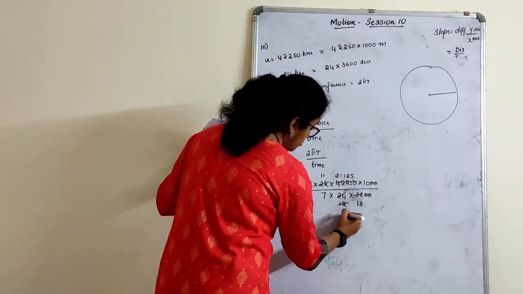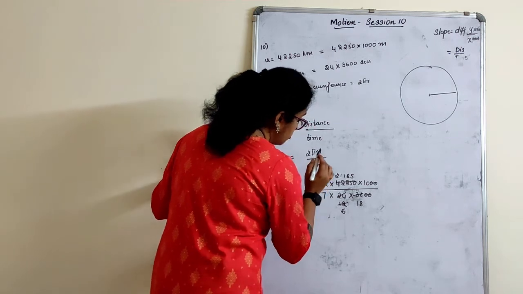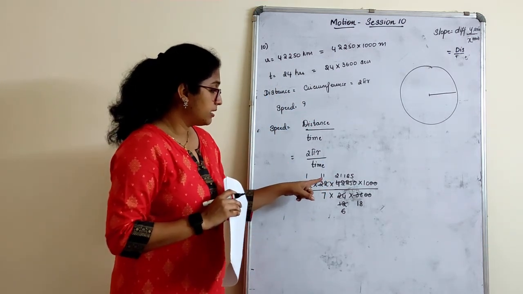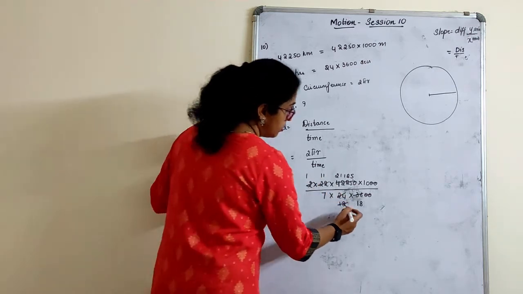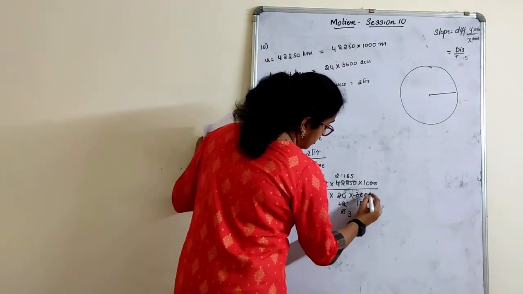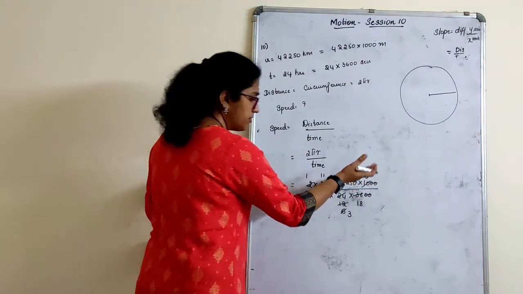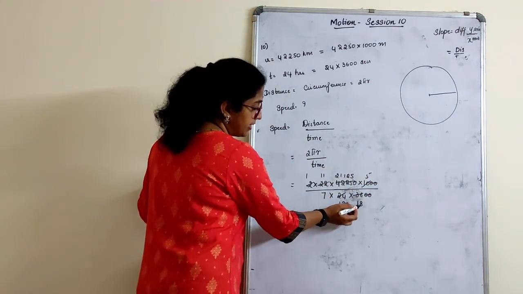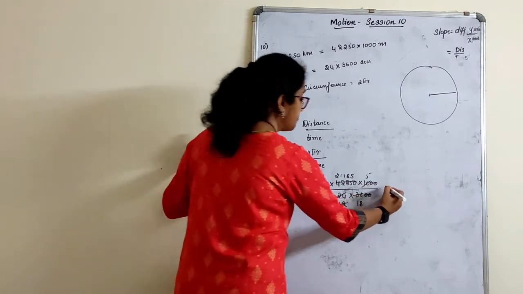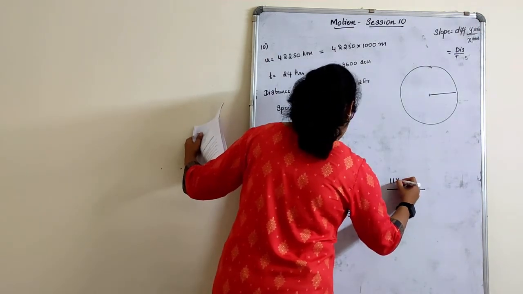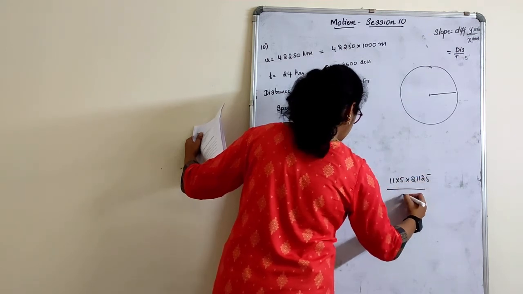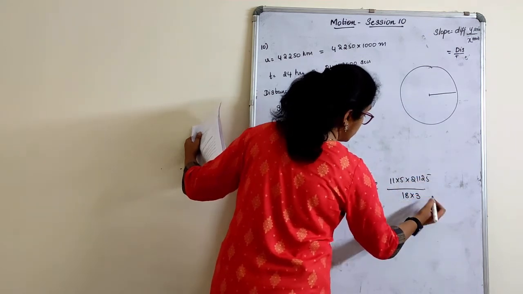So 2 6s are and 2 1s are. So leave it as it is. Numerator multiply, 2 3s are, 2 5s are. Do it again, 1 zero will go, but here the denominator will come less. 21 into 18 you keep in the denominator. Numerator will be 11 into 5 into 21125, divided by 18 into 3.